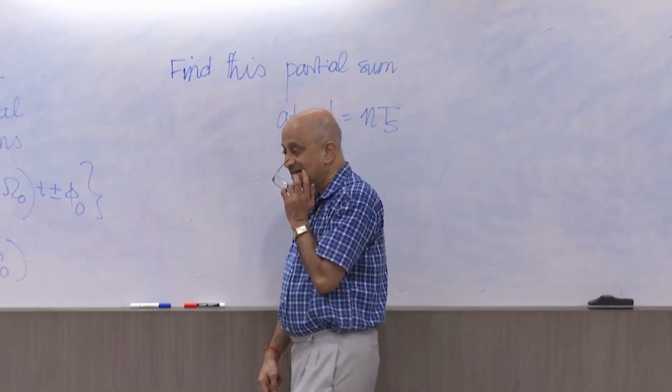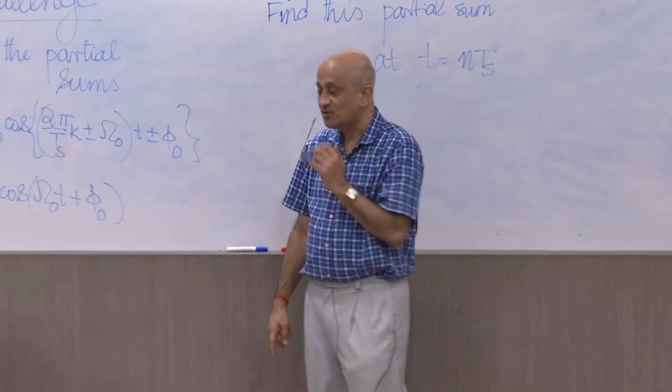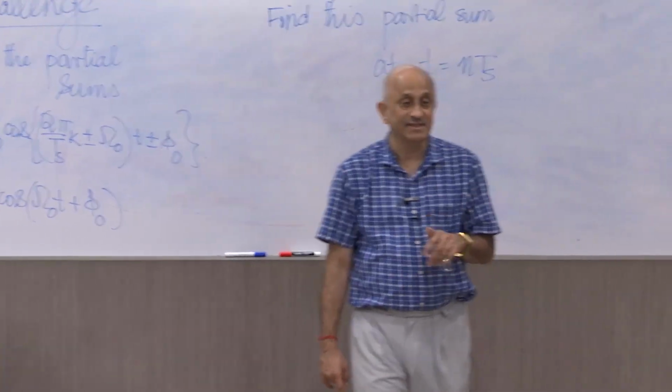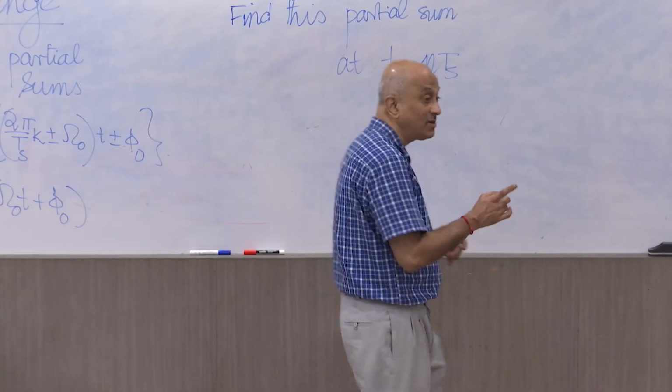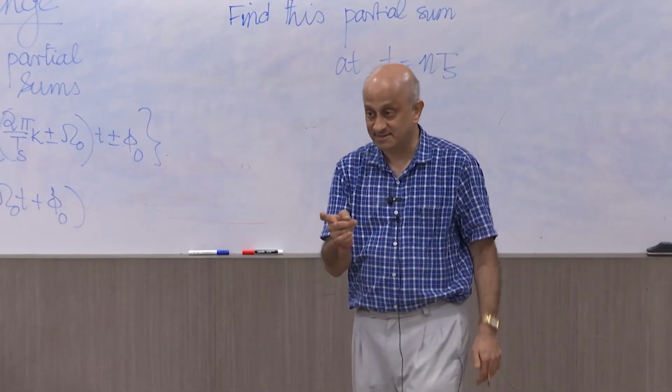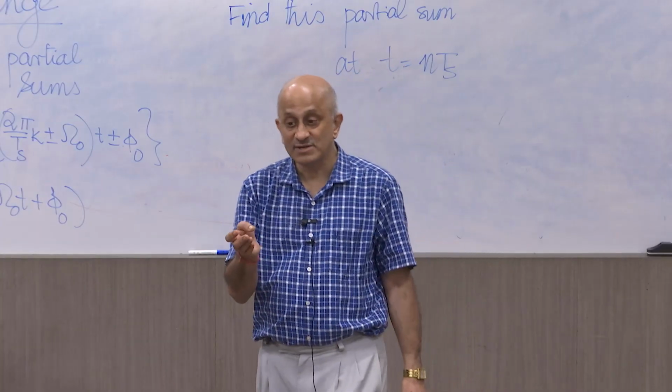Anyway, what is very clear is that all these sinusoids have the same samples at the same points. And we now also understand that we don't want this confusion that is created. What is the confusion created?